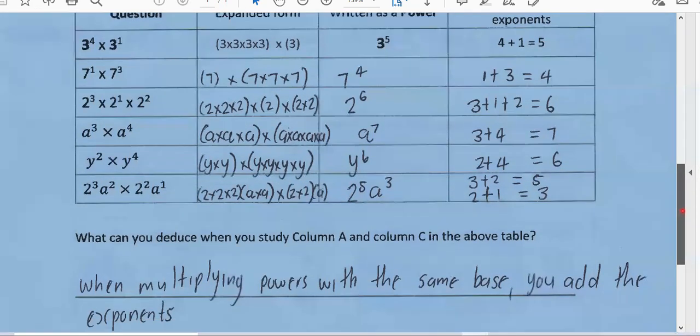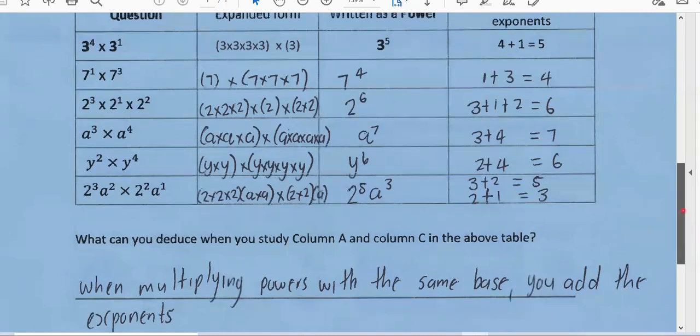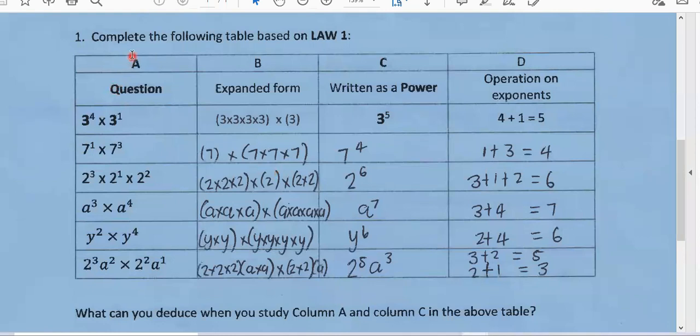Now, if we look at our next part, what can you deduce when you study column A and column C in the above table? So let's look at the first column and the second column, and the C column. So it's A and C. We're going to be focusing on the A column and the C column. In the A column, you can see you are multiplying powers that share the same base.